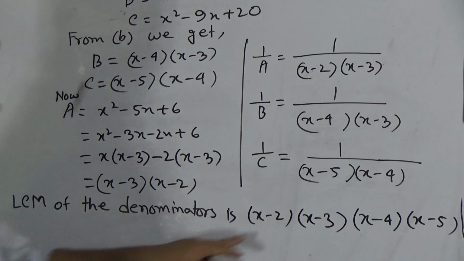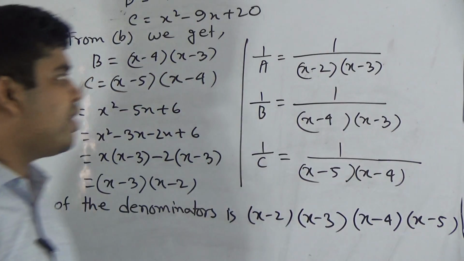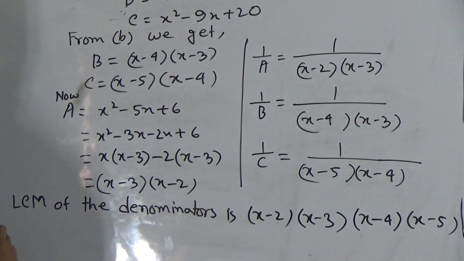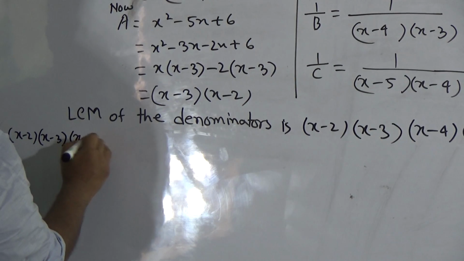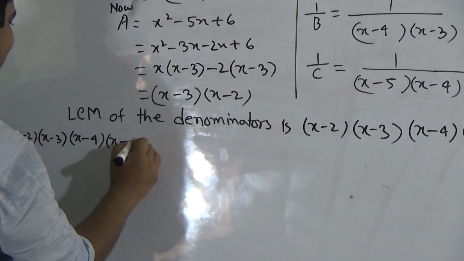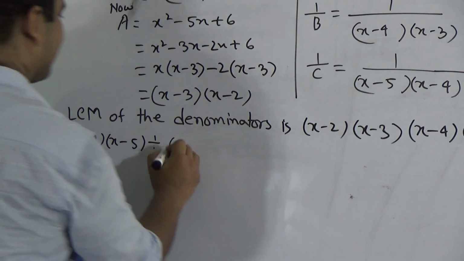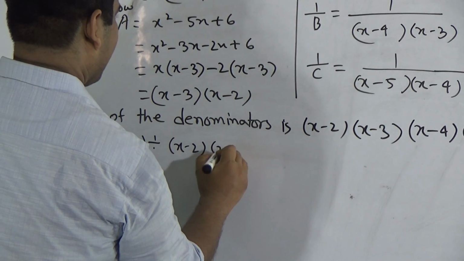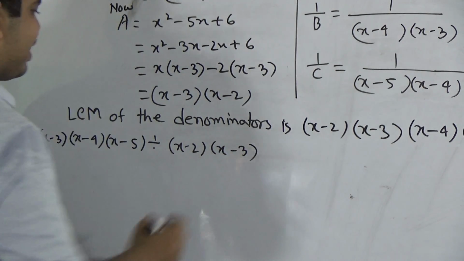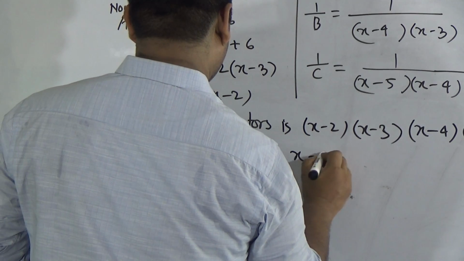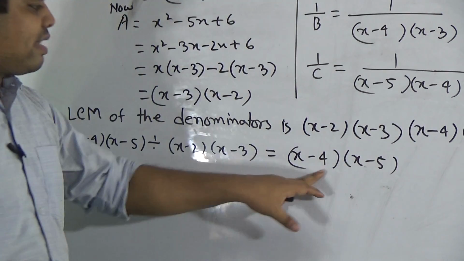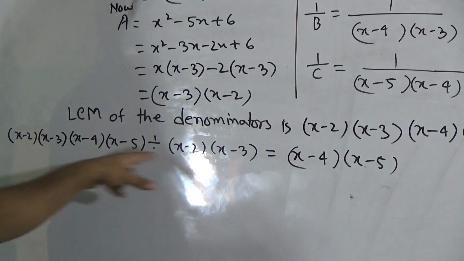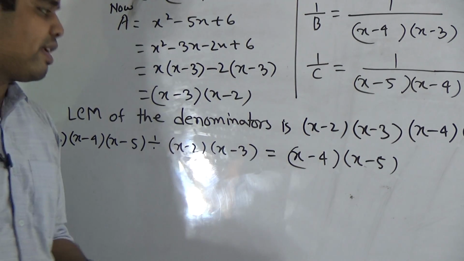Now we divide this LCM by the denominator of the first fraction. That means x minus 2, x minus 3, x minus 4, x minus 5 divided by x minus 2, x minus 3. When we divide, then we get x minus 4 and x minus 5. This number is obtained by dividing LCM by x minus 2 into x minus 3.